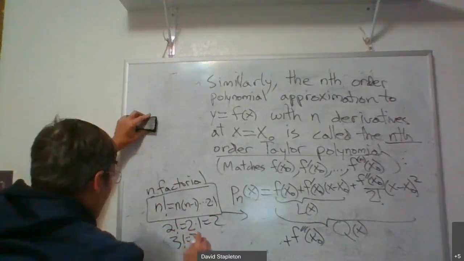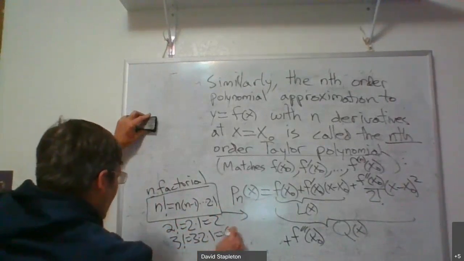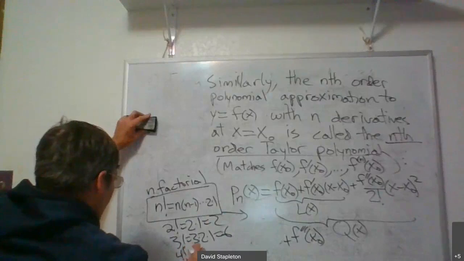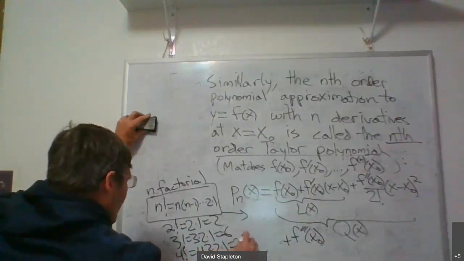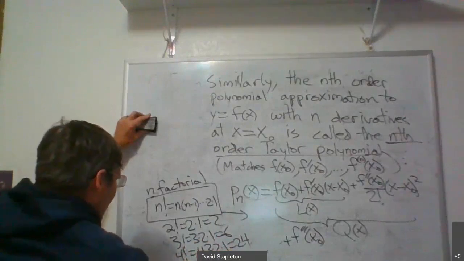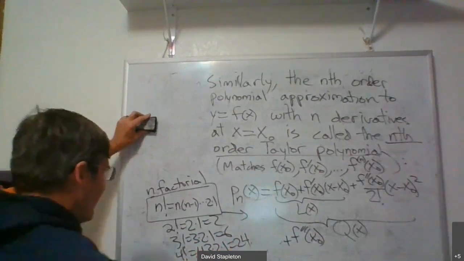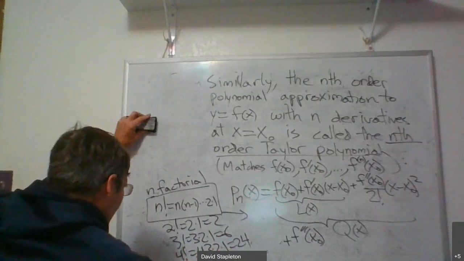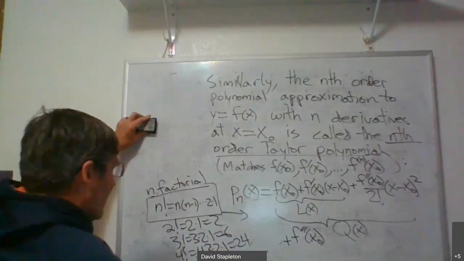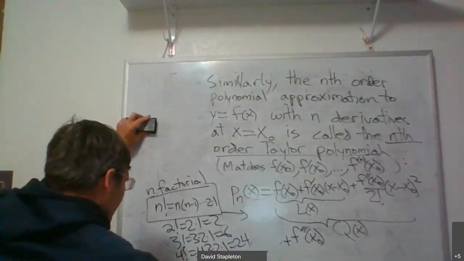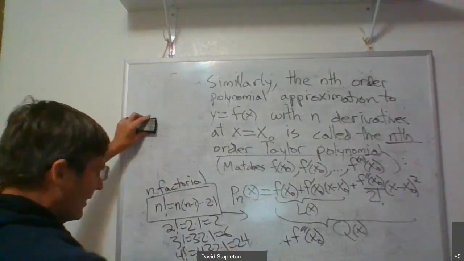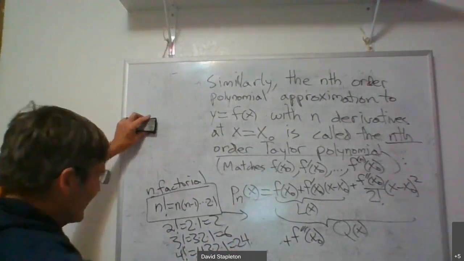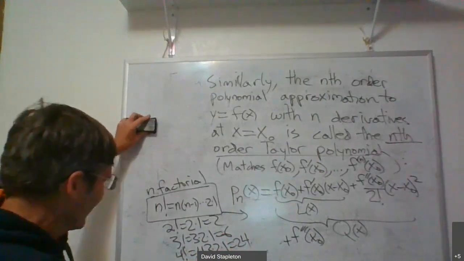3 factorial is 3 times 2 times 1, which is 6. 4 factorial is 4 times 3 times 2 times 1, which is 24. And these things get really big. Actually, the factorial function is really fast growing. If you take 70 factorial, for instance, on a lot of these calculators it's too big, because this is already bigger than 10 to the 100th power. It's bigger than a googol, 1 followed by 100 zeros, just from multiplying 70 factorial out.